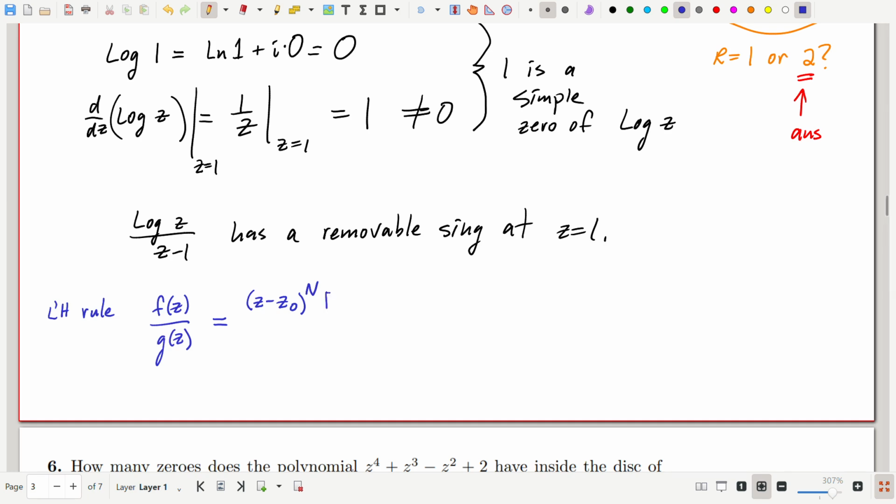This was a power series argument. I wrote out the first few terms and realized that they're all 0 by Taylor's formula, and then I could pull out the z minus z naught to the n, and what was left was a function that didn't have a 0 and was analytic with a power series with the same radius of convergence. So if f and g both have zeros of order n, then I can do the same thing, top and bottom.